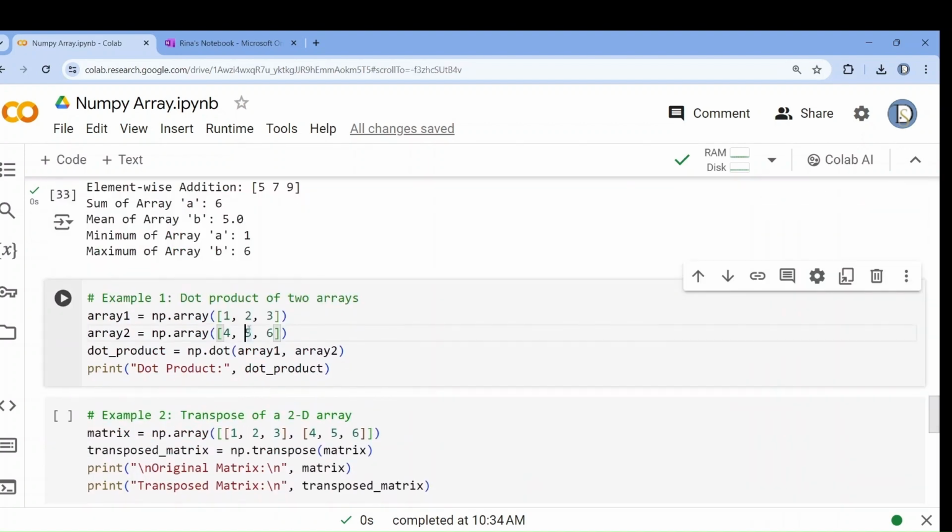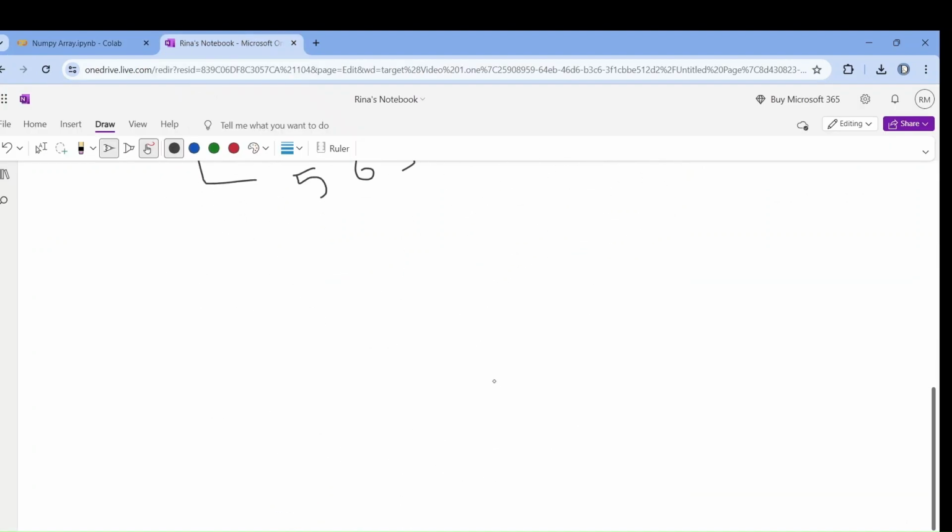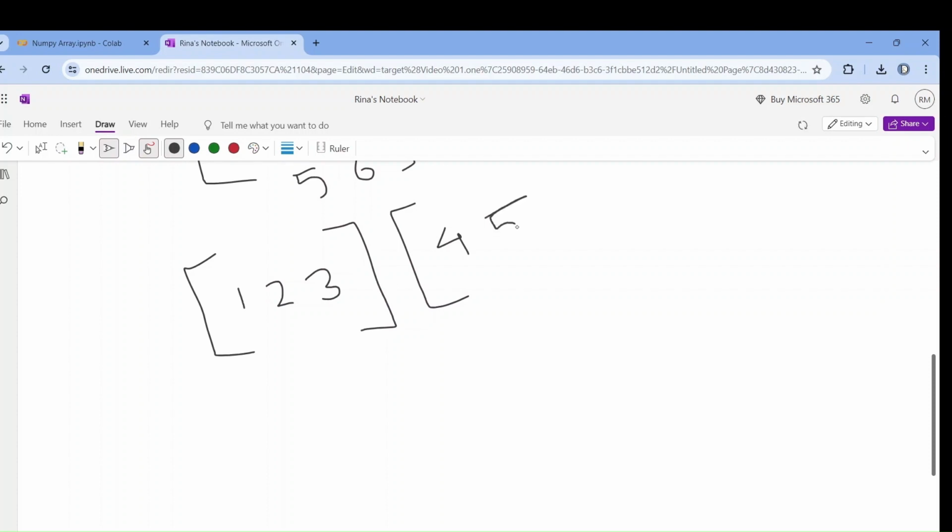Now see the next one. Dot product of two arrays. Here 1, 2, 3, 4, 5, 6. Do you know how to do the dot product? Let me show you. First 1, 2, 3. Next one is 4, 5, 6. Now the rule is that first tell me the shape. 1 into 3. 1 row, 3 columns.